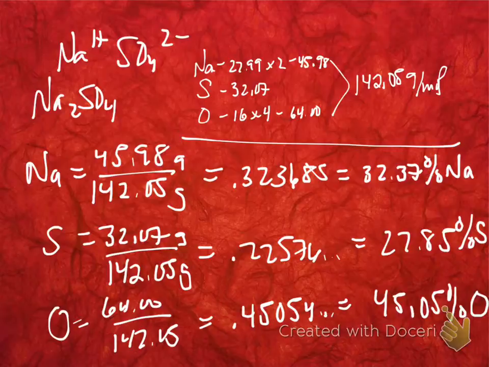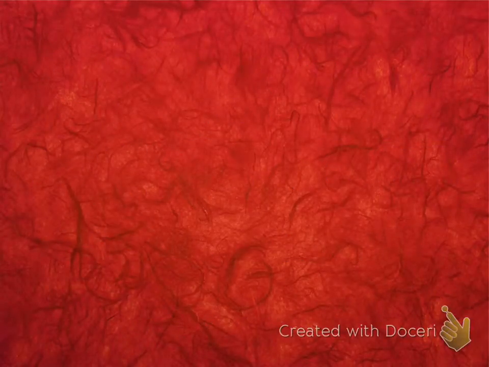You have a problem. If you're totaling to 99 or 101, you're fine. If you're totaling right up against 100, it's a rounding thing. If you're way off, it's a larger problem. So it's a good thing to keep a rough gauge and go 30, okay, 33, 28, and 45. Yeah, that's close.